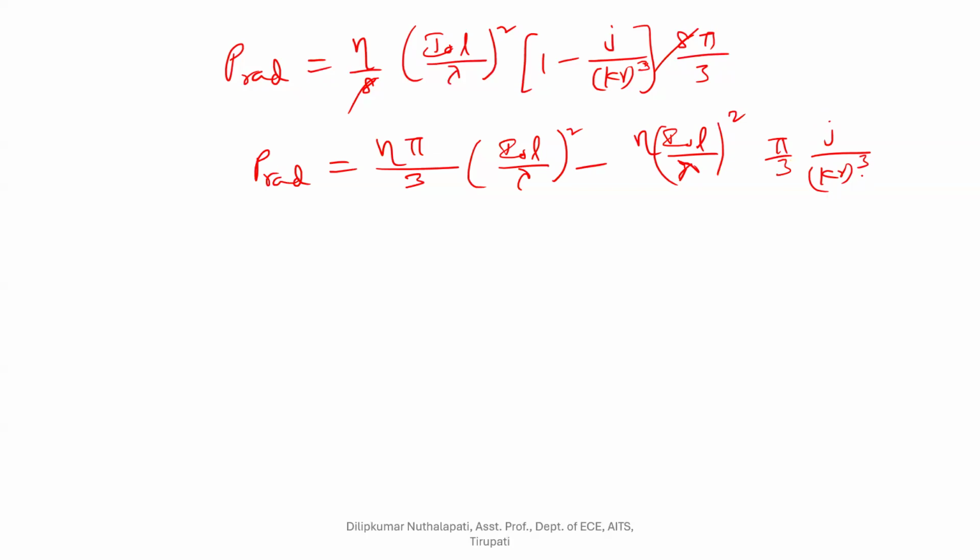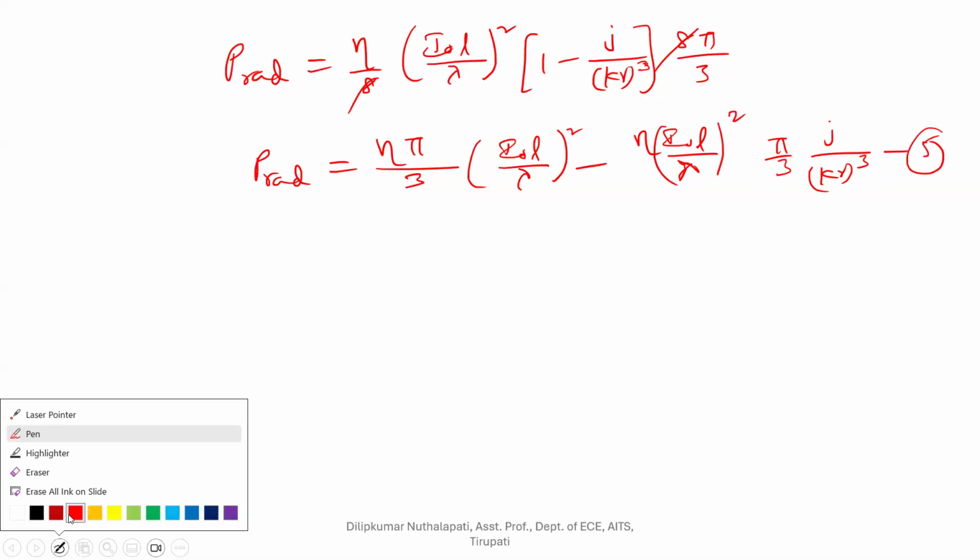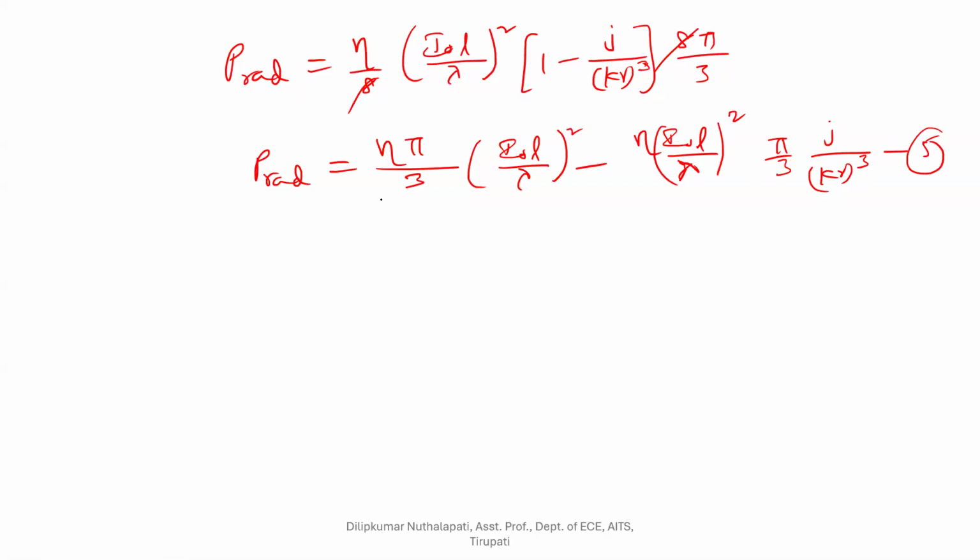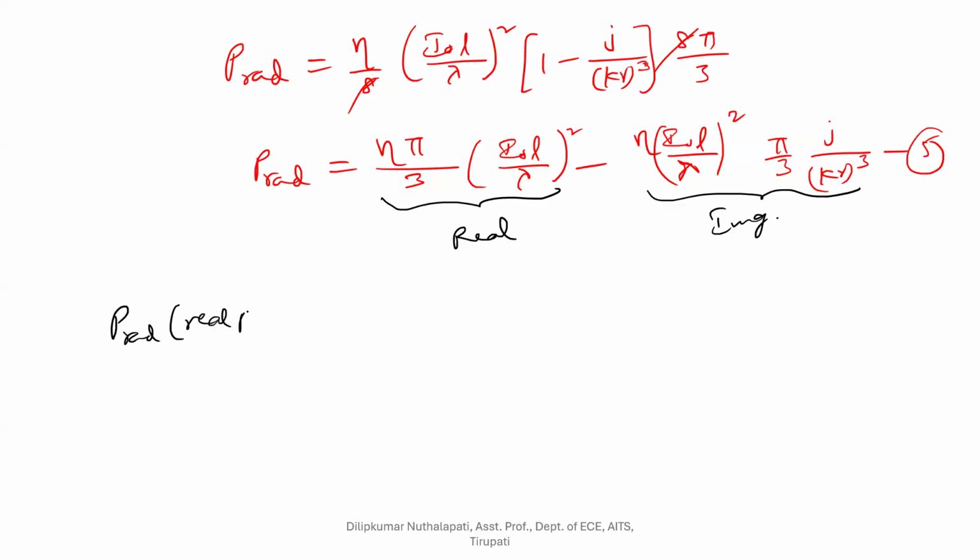From this equation 5, we can see that the first term is the radial component of the real part. The second one is the radiated power of the imaginary part. Now we'll take the radiated power in only the real part, the magnitude.